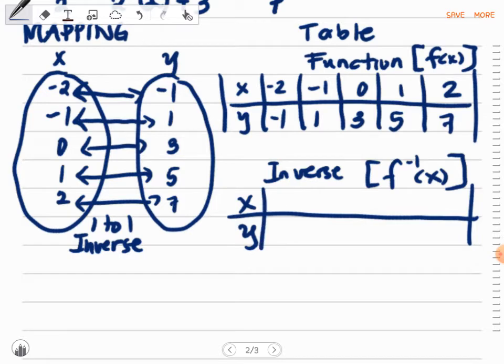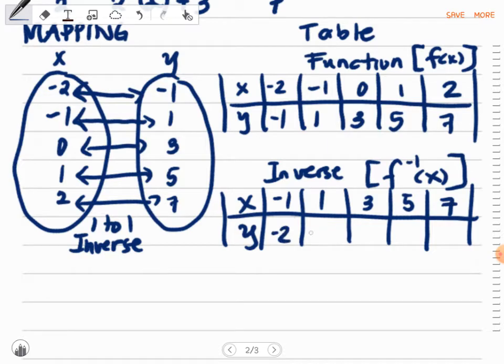So what happens is that the values of y will go up to the x column, and the values of x will be placed in y. So we will have negative 1, 1, 3, 5, and 7. And for y, we have negative 2, negative 1, 0, 1, and 2. So that's the inverse, in a table representation and mapping.